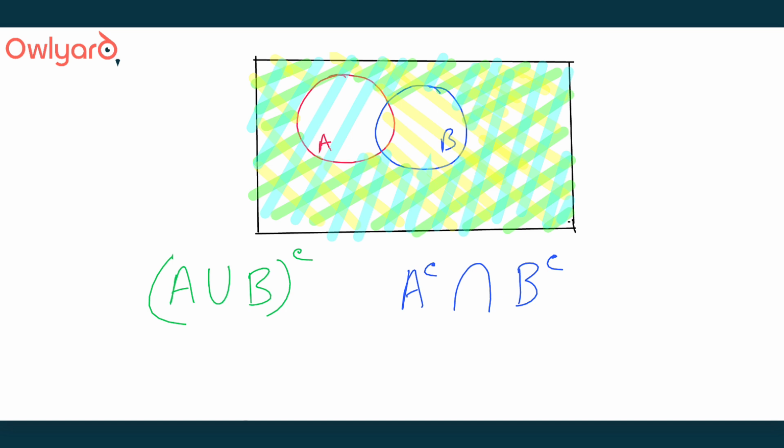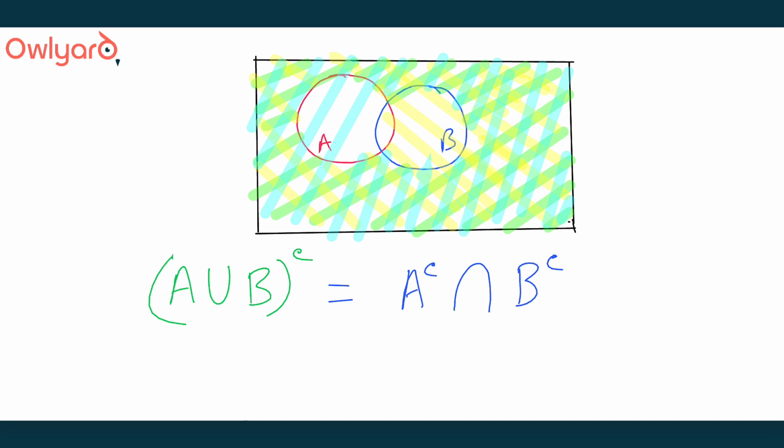And therefore, outside A and B we of course have the green lines, but also the blue and the yellow lines, right? So the overlapping area of the blue shaded area and the yellow shaded area exactly coincides with the green shaded area. That means that A complement intersection B complement is exactly the same as A union B complement.